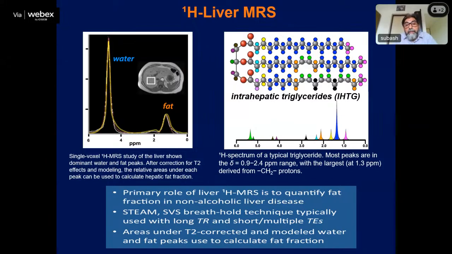Ultimately, a person with fatty liver for a long time can develop non-alcoholic liver disease, or this can also happen with people who consume a lot of alcohol. They also develop cirrhosis, liver cirrhosis, which can ultimately be fatal most of the time.